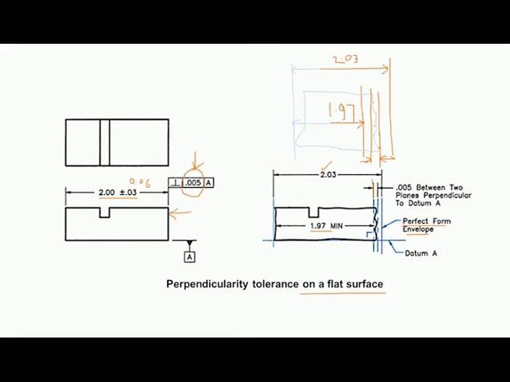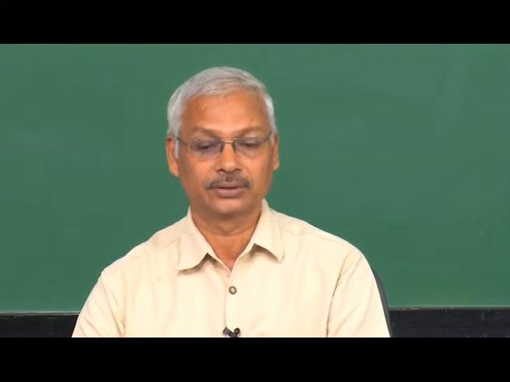So, in that case this workpiece is accepted. That means this particular component should satisfy both size variation as well as form variation.